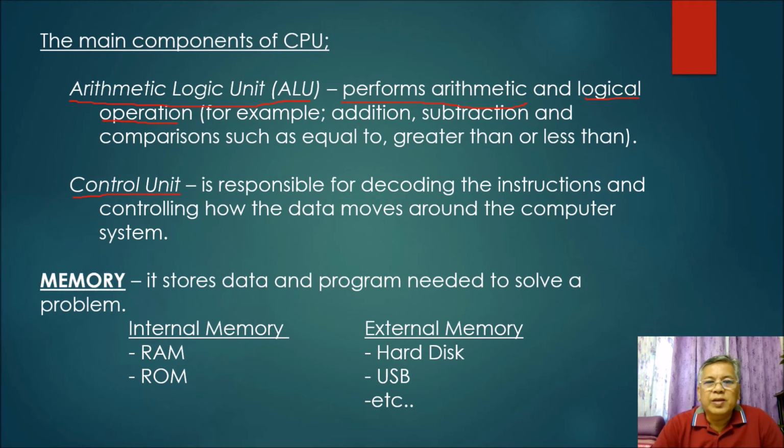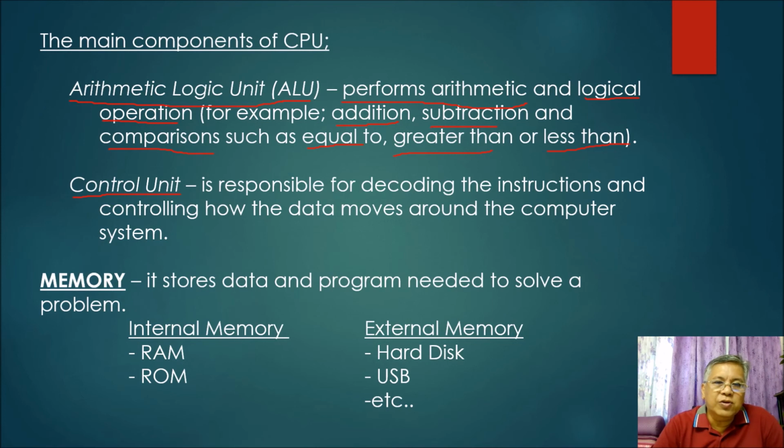Example, addition, subtraction, and comparison. So, arithmetic, that is addition, subtraction, and logical, comparison such as equal to, greater than, or less than. So, that's the main function of your arithmetic logic unit.